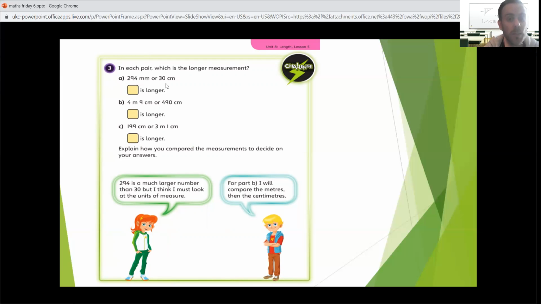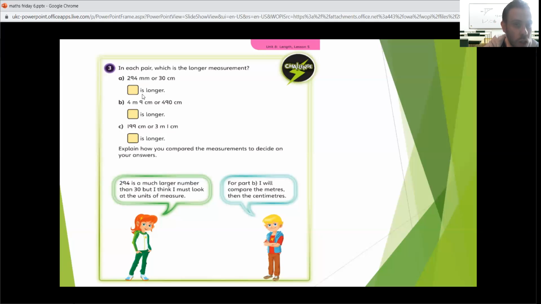So 30 centimeters is longer, because if it was 30 centimeters, that in millimeters would be 300. So 300 is obviously more than 294. See what I've done there? I've changed the centimeters to millimeters, and that way I can see which one is the longest. You need to change them to the same.